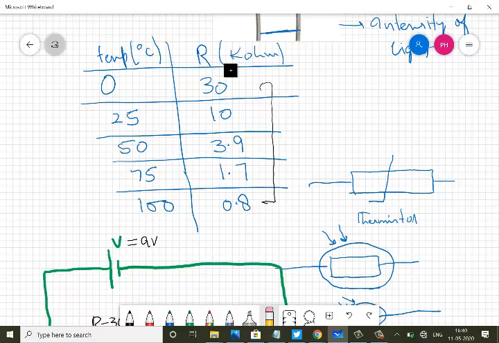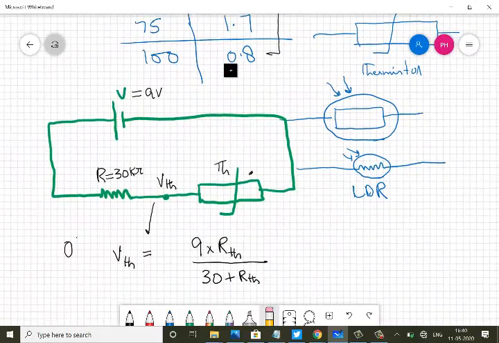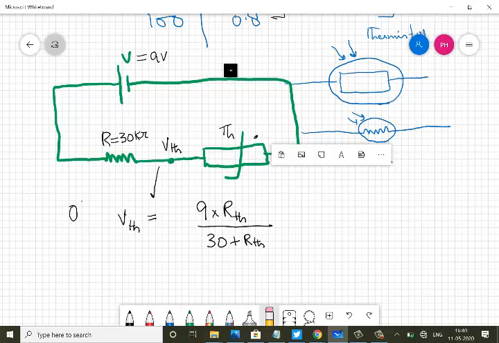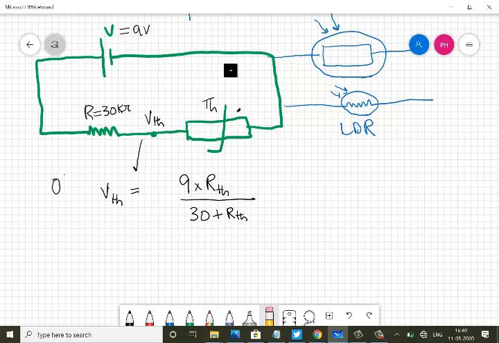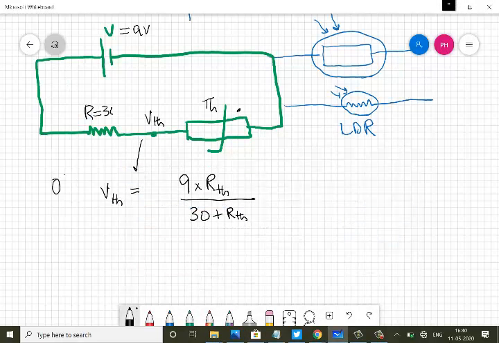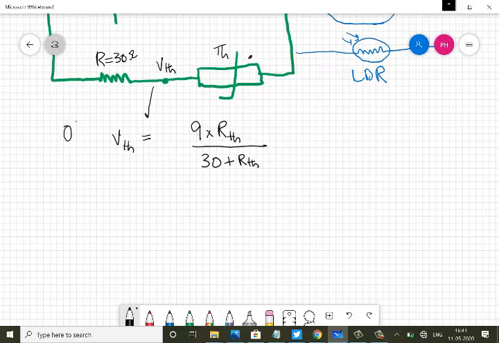At 0 degrees Celsius, the resistance is 30 ohms, and then it decreases to 0.8 ohms, and the fixed resistor will also be 30 ohms. So now we are calculating the voltage here.